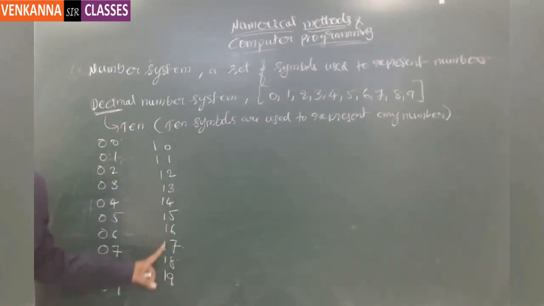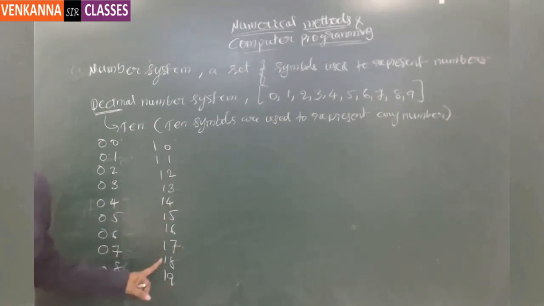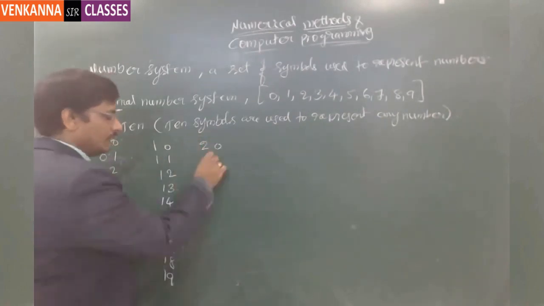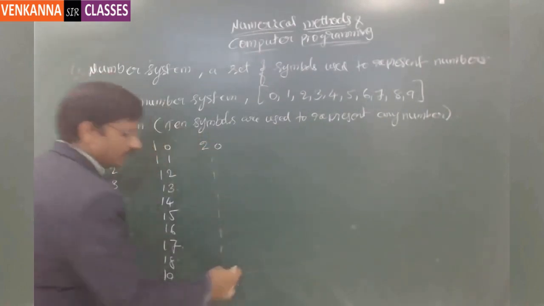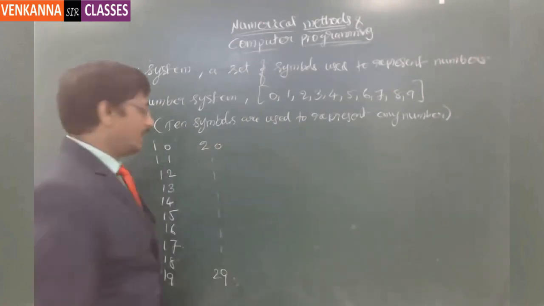After incrementing, I have again used all the symbols, so for the next number I use the next symbol, 20. Like this I can write till 29, and keep writing all the way till 99.